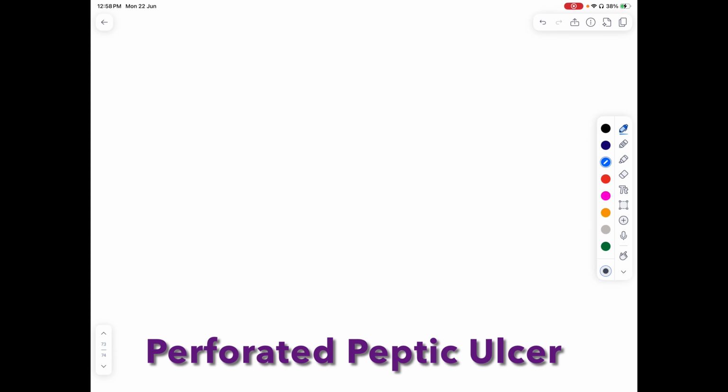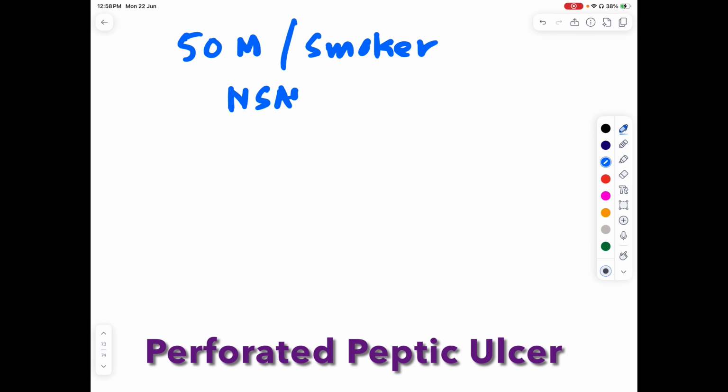The stem of perforation, peptic ulcer, may continue. It can be either viscous or peptic ulcer. Here it can be a 50-year-old male, a smoker, with a history of NSAIDs. The patient is taking tablets for osteoarthritis. So acute abdominal pain, epigastric pain, tenderness, rigidity all over, and the bowel sounds are not very clear.